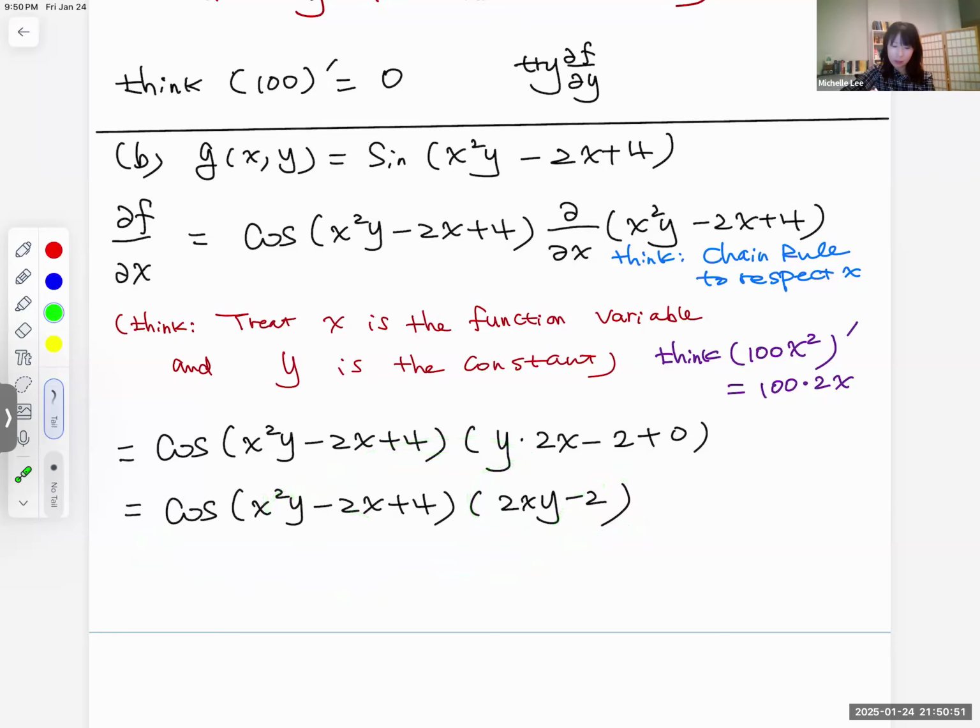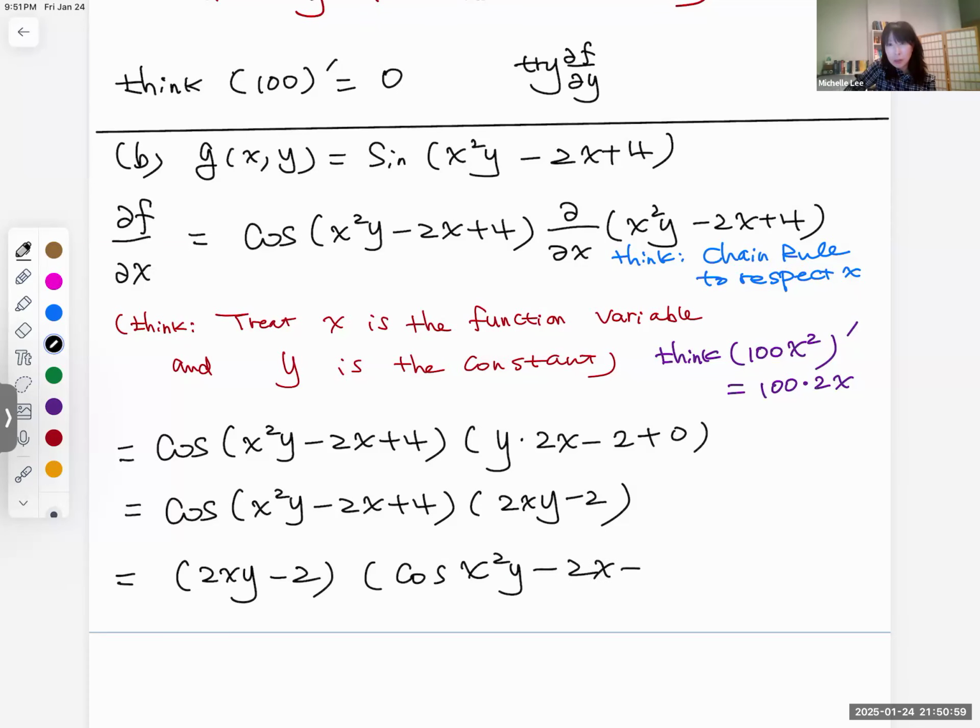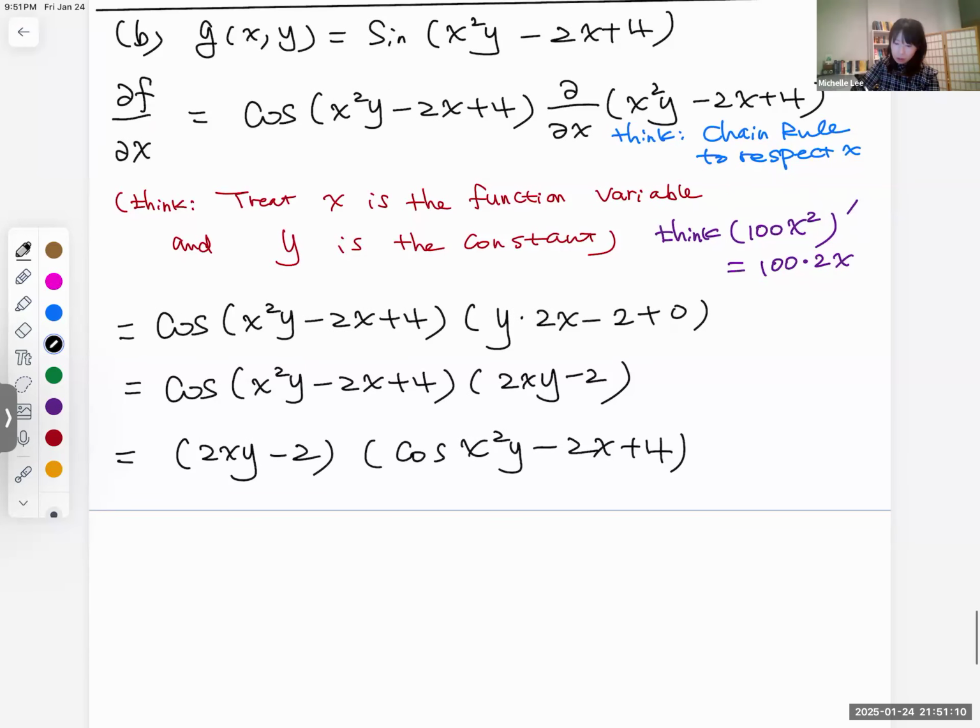Okay, so there will be 2xy minus 2 times cosine of x squared y minus 2x plus 4. Okay, now let's do the derivative with respect to y then. So let me copy.